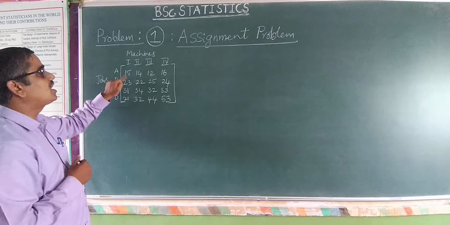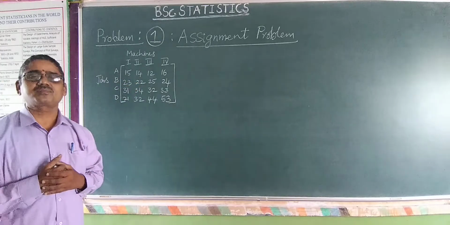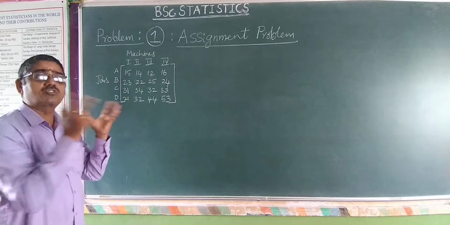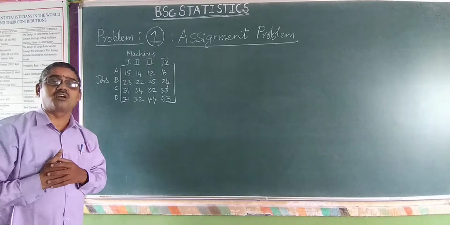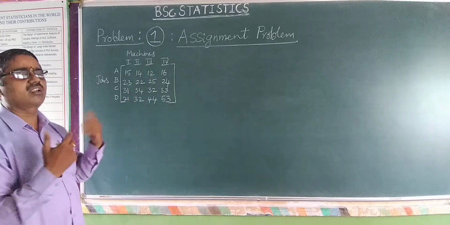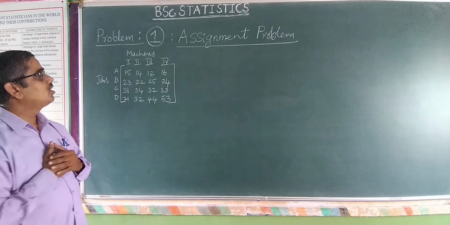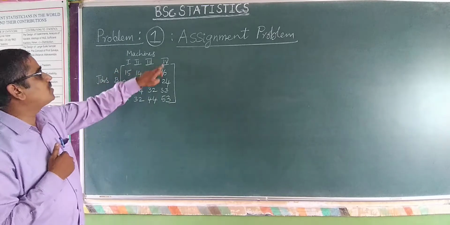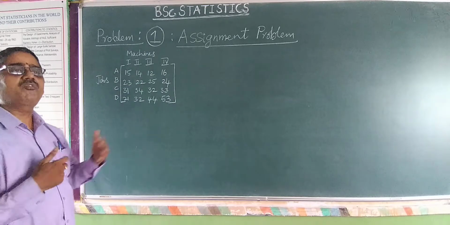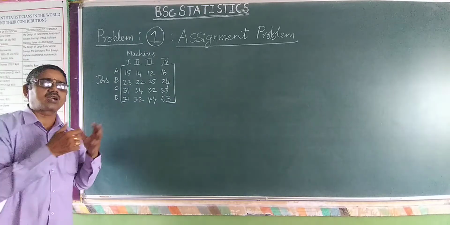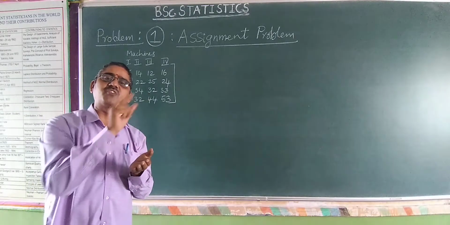Mission 1 requires 15, mission 2 requires 14, like that. That is the meaning of the cost. No, I'm sorry, not hours, it is in terms of rupees: 15 rupees, or 1500 rupees, or 14 rupees and 12 rupees, etc. To finish job A by mission 4, it requires 16 rupees, like that. So this is the assignment cost to perform a particular job by a particular mission. It was specified, it was given.